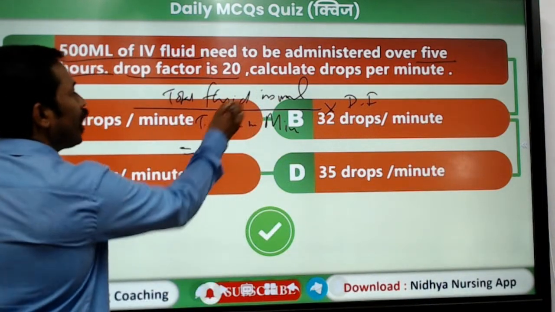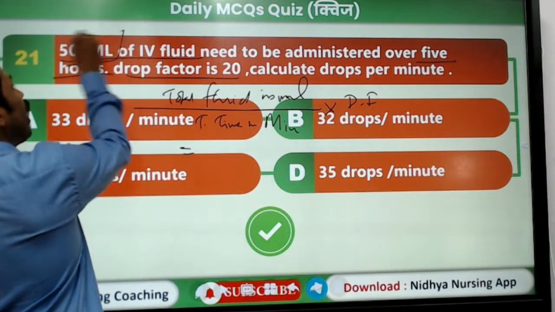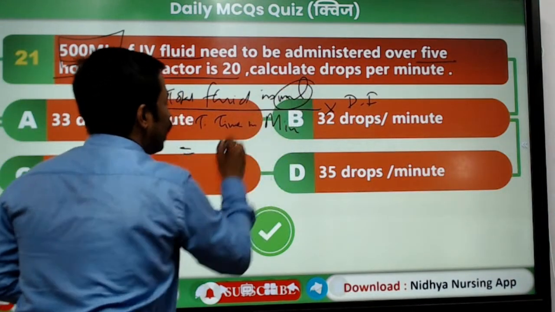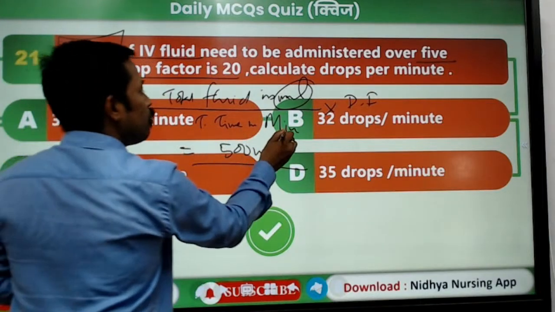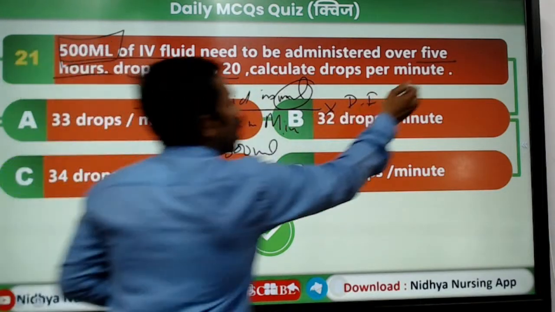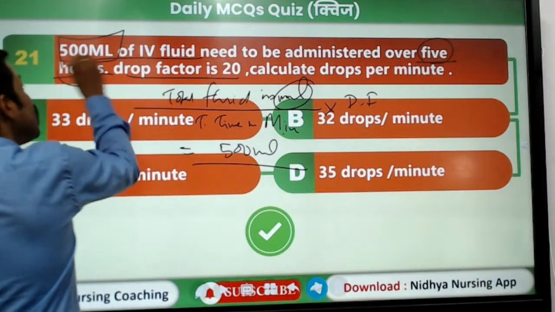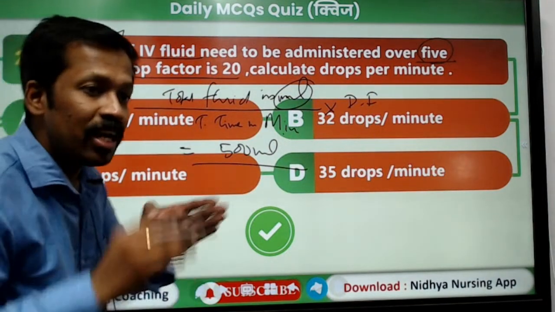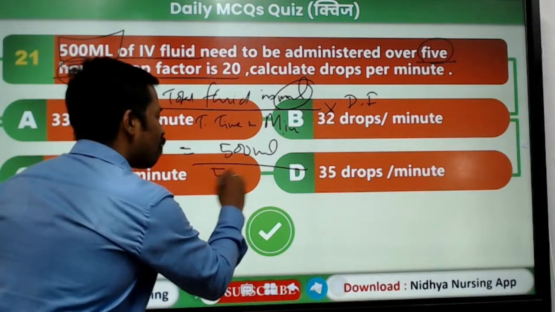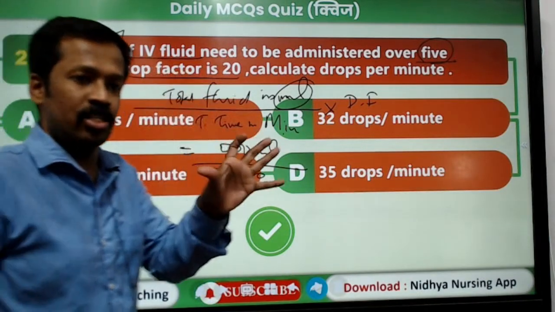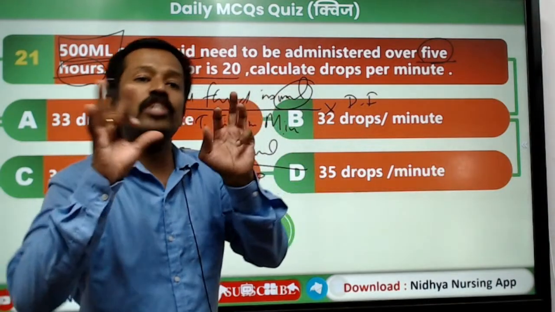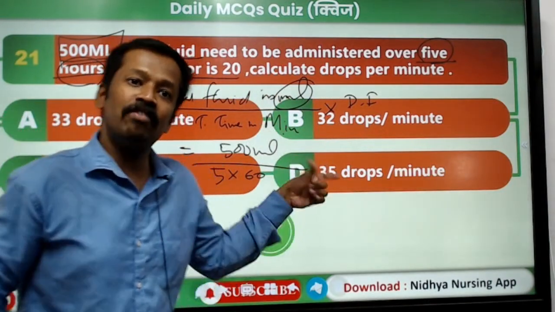Here fluid is 500 ml. Divided by total time in minutes. Here there are 5 hours, so we have to convert. 5 hour into 60. 1 hour means 60 minutes. So 5 hour means 5 into 60 minutes. Got it? We convert it into minutes.